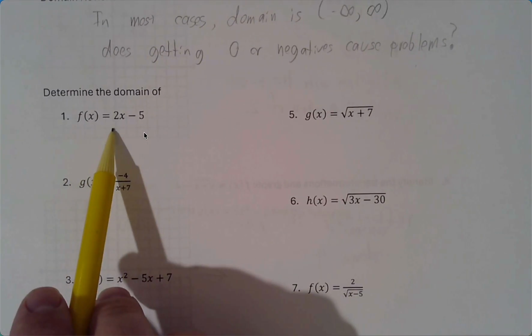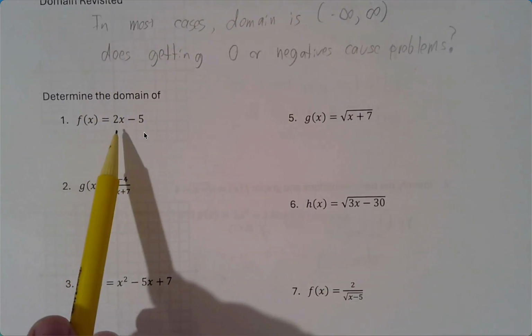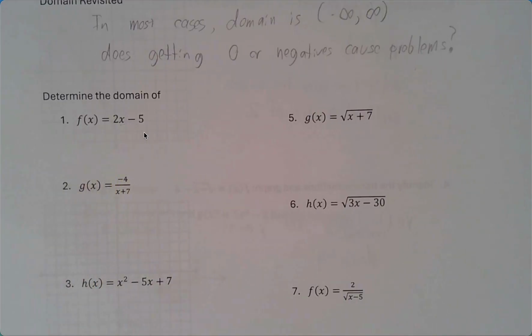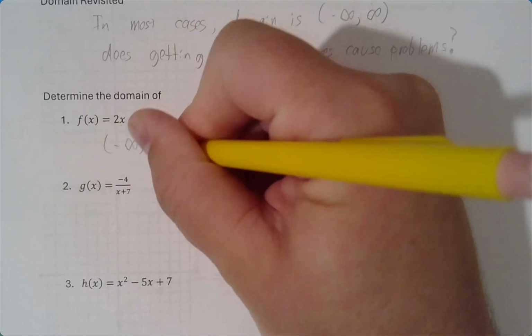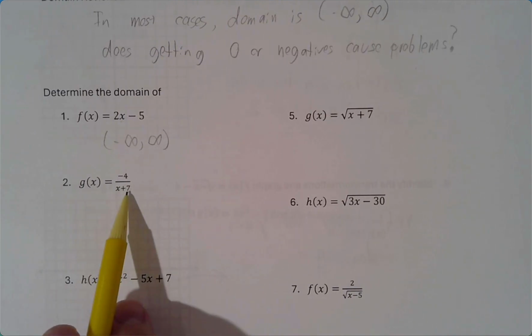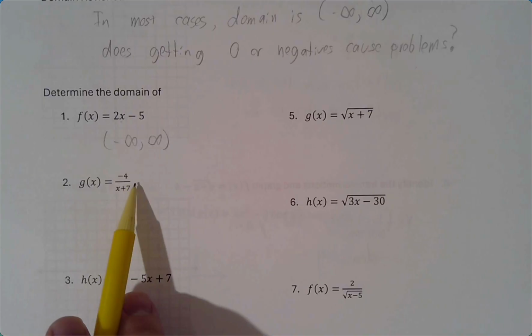So really what we're asking ourselves, if you're catching those two statements, is, can I plug in positives, zeros, and negatives into this thing and be fine? And hopefully we all agree that the answer is yes. So this one's domain is negative infinity to infinity. No issues there. All right, now the question is, this is technically by name a rational function.